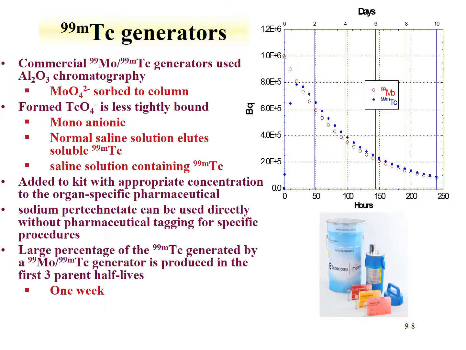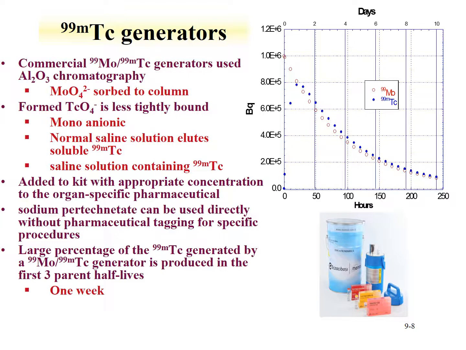Upon the decay of the molybdenum-99 to the pertechnetate, the pertechnetate is less strongly bound to this aluminum column since it is monoanionic. You can elute the pertechnetate from the column with normal saline solution, and as it comes out, the saline contains the technetium.